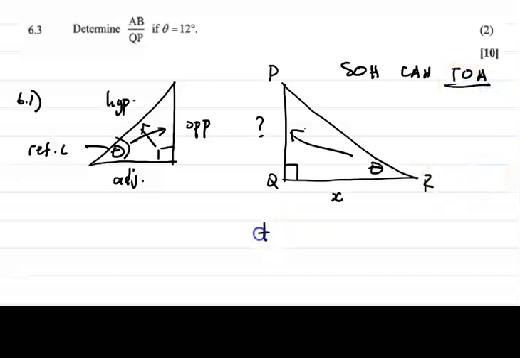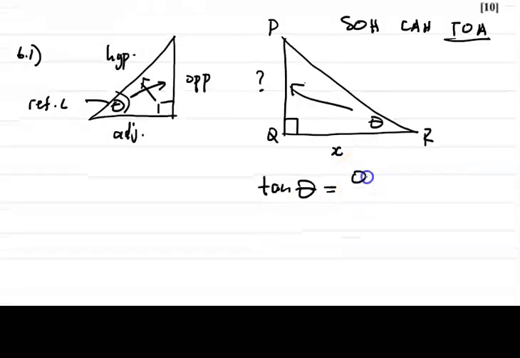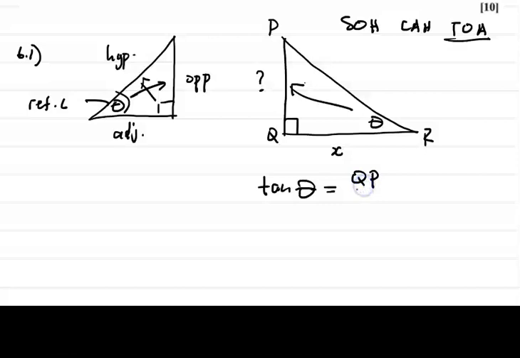Therefore tan of theta equals QP over X. Therefore QP equals X times tan of theta. And that's the answer for our first question.